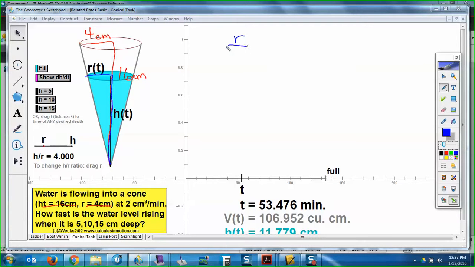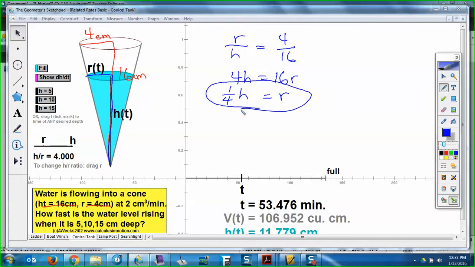And so what you'd have is R over H would equal 4 over 16, right? Or in this case, 4H would equal 16R, and so R would equal 1/4 H. So in this problem, the radius is always 1/4 of the height, right? So that would be true in any cone. There's always going to be this relationship between R and H.